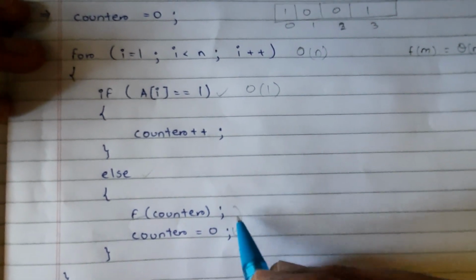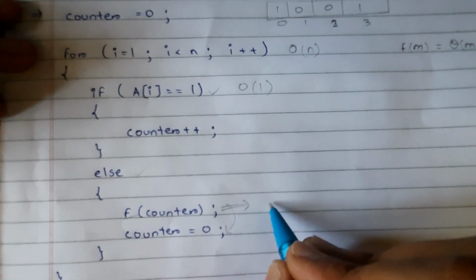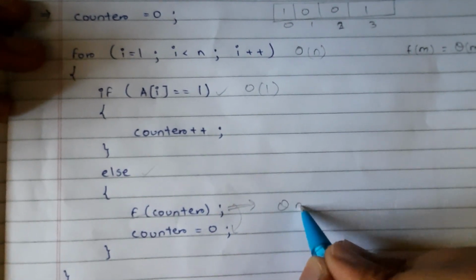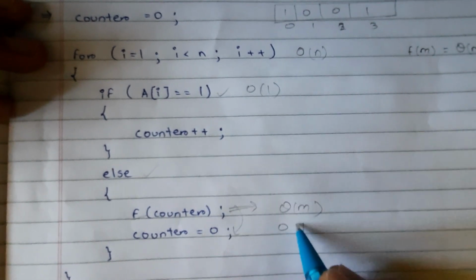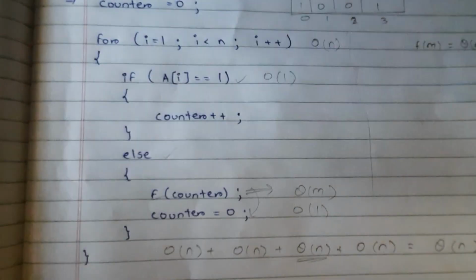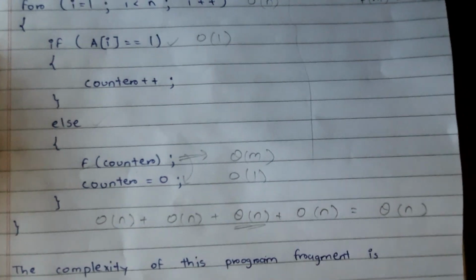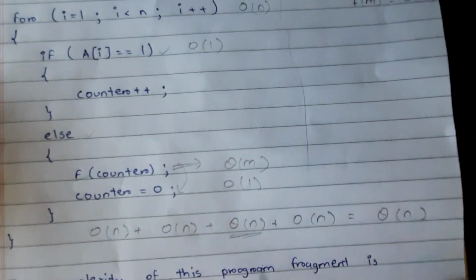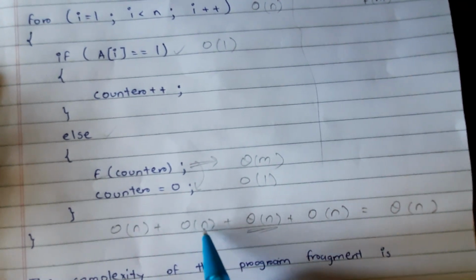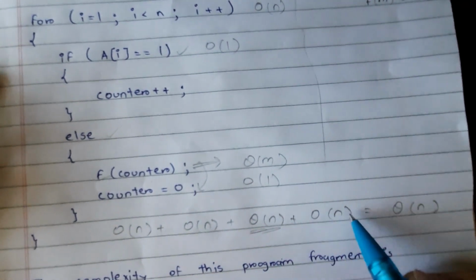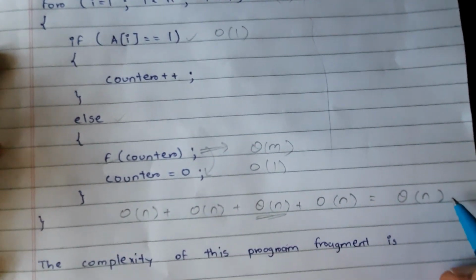Now calling the function will take time theta m, and resetting the counter will take O(1). Now if we calculate the total time complexity of this program, then it will be O(n) plus theta(n) plus O(n), which is equal to theta(n).